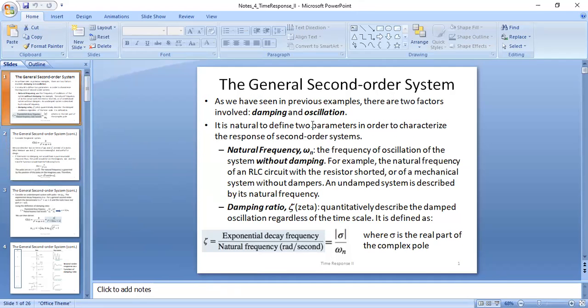So these things I've already told you yesterday. What is damping and what is the natural frequency of oscillation without damping. And damping describes the damped oscillation. And what is the value?